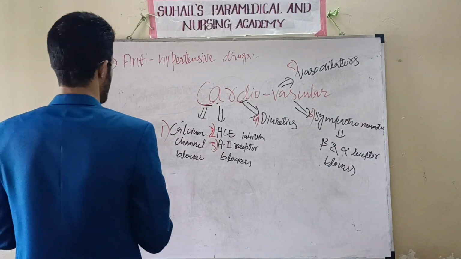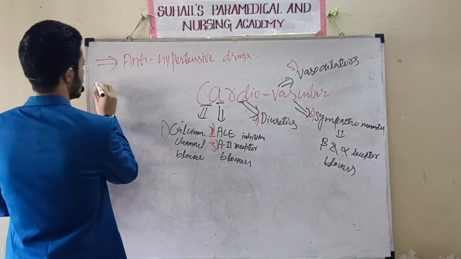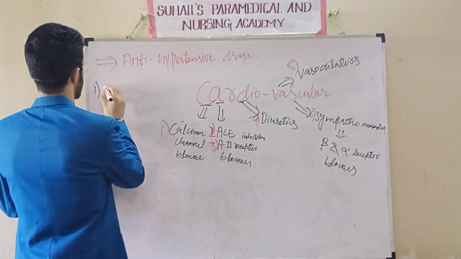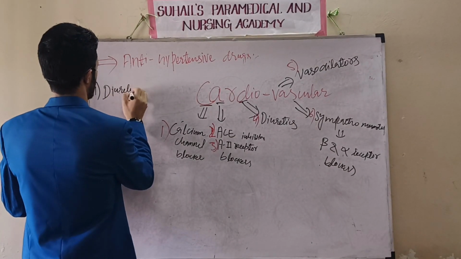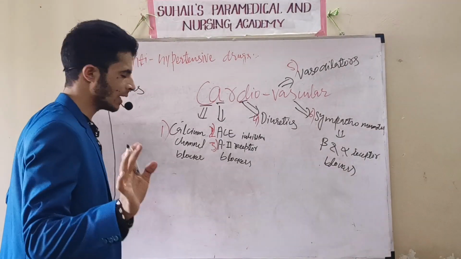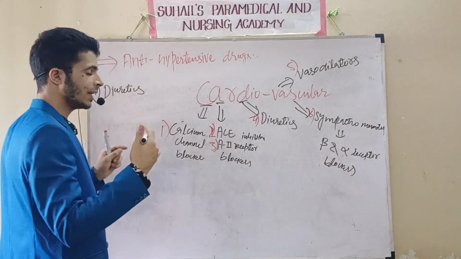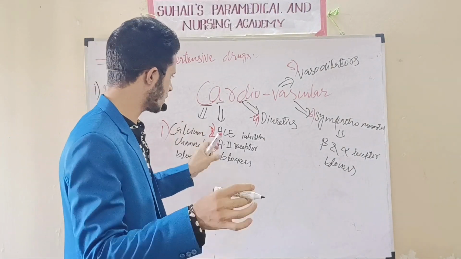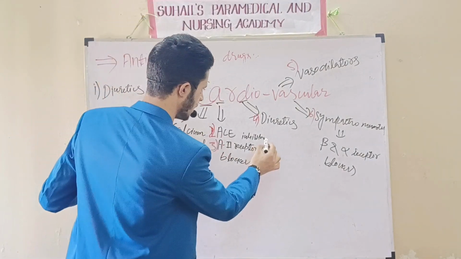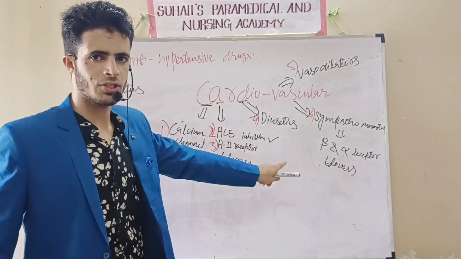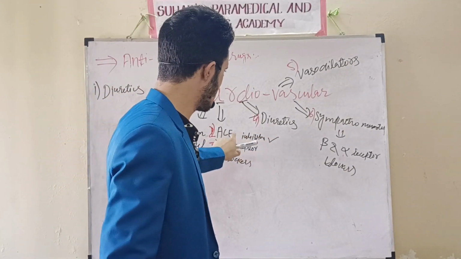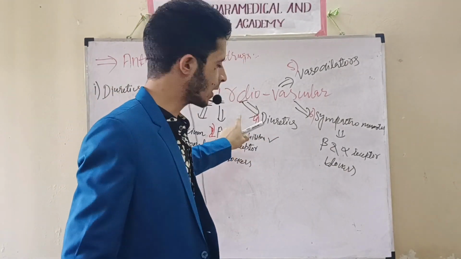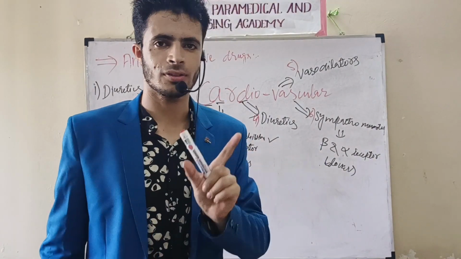The first classification I will take is diuretics. Today I am taking the diuretics generally. Later I will explain in detail the ACE inhibitors, because in the examination they will ask mostly about the mechanism of angiotensin converting enzyme inhibitors.